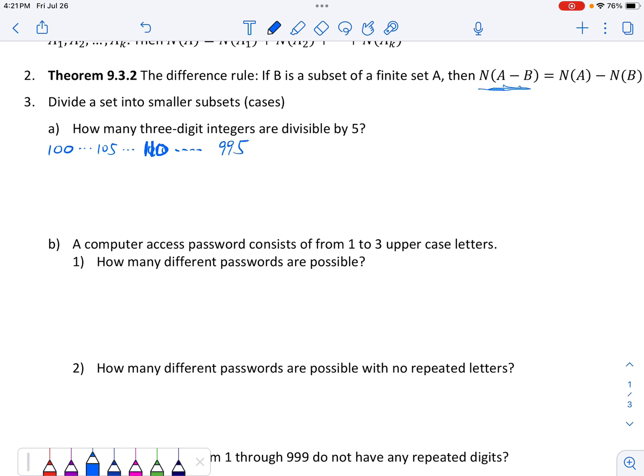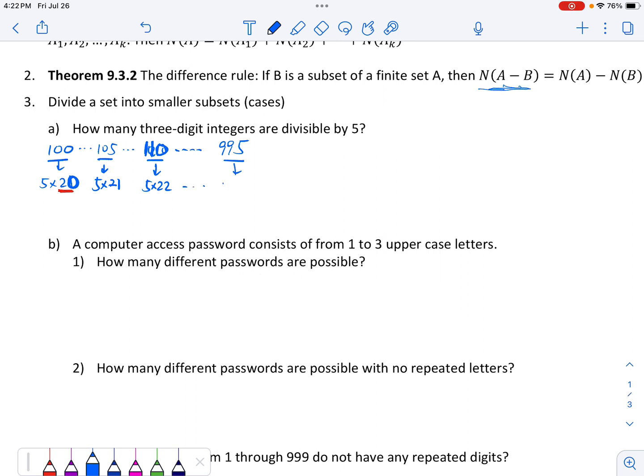Now you can think of this as a list of numbers. The first one is 5 times 20, that's 100. The next one is 5 times 21. The next one in line is 5 times 22, and so on and so forth.